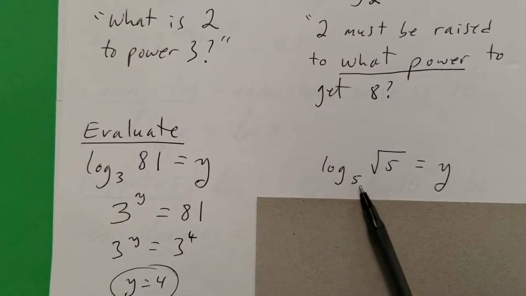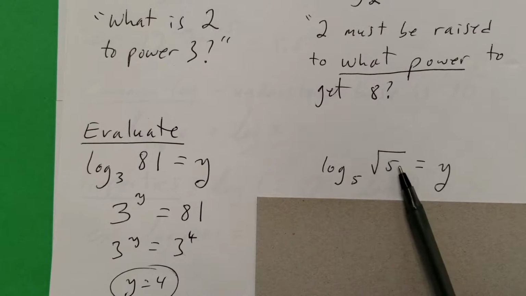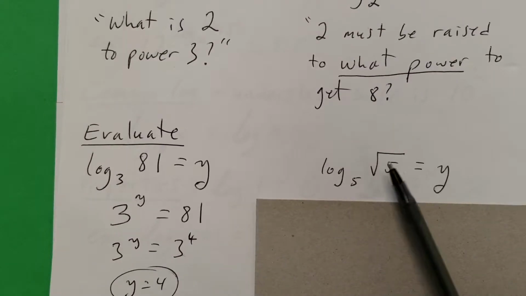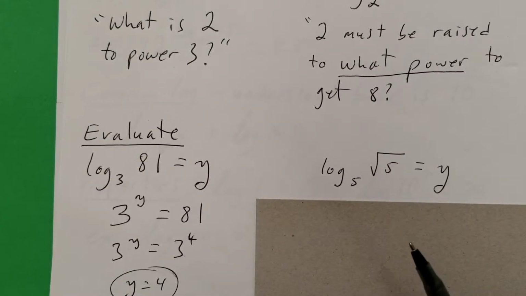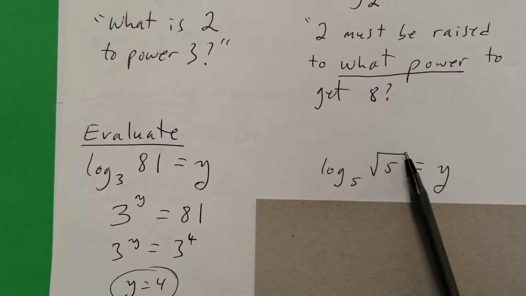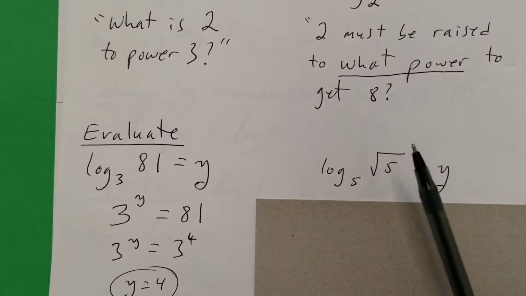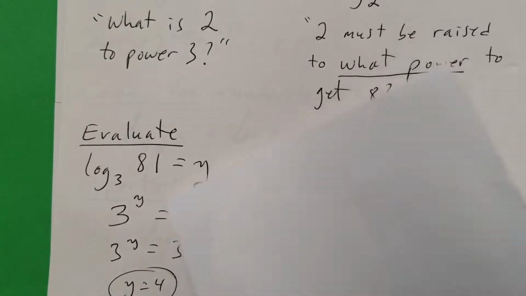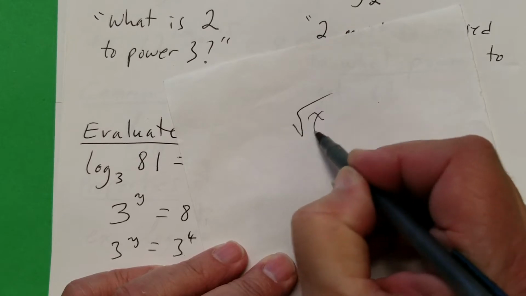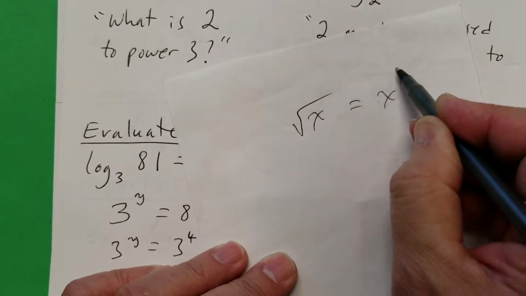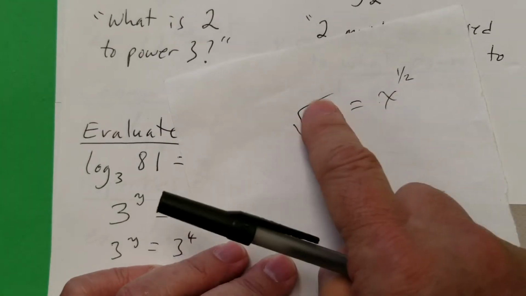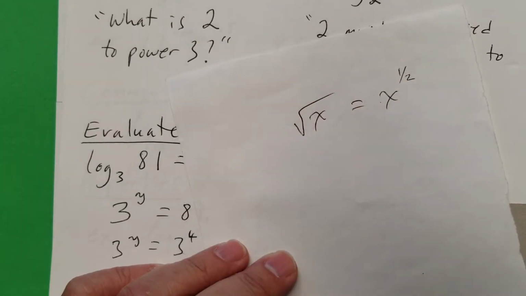Log base 5 of the square root of 5 equals what number? What am I asking here? 5 to what power will the answer come out to the square root of 5? Well, you would think that's not possible. But if you remember, square root is really the half power. I can write the square root of x, or I can write x to the power of half, and they mean the same thing.